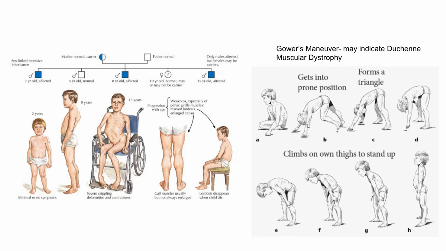Gower's maneuver is a sign of muscular dystrophy: if the child is on the floor and walks his hands in towards his feet and then walks his hands up to his knees and assumes a lordosis type posture at the end.